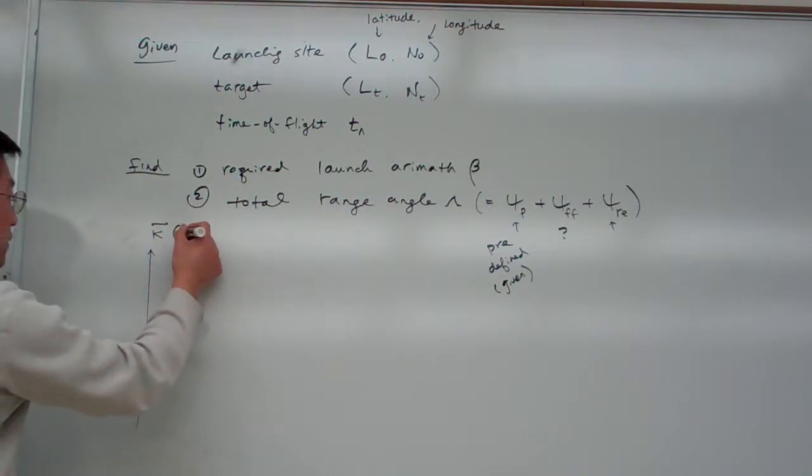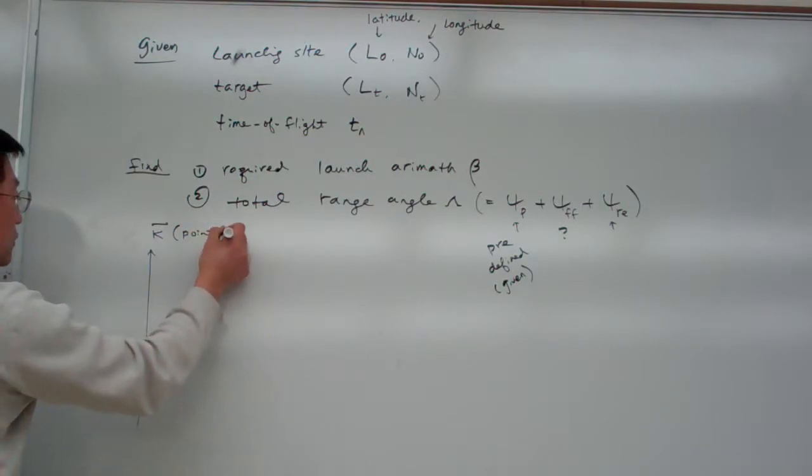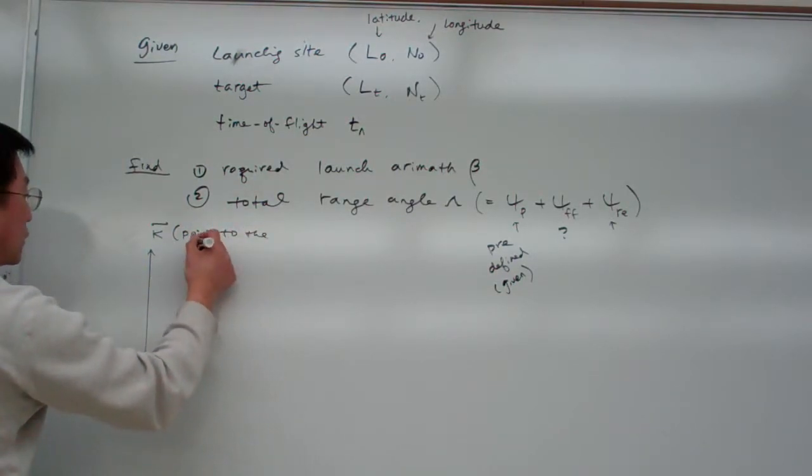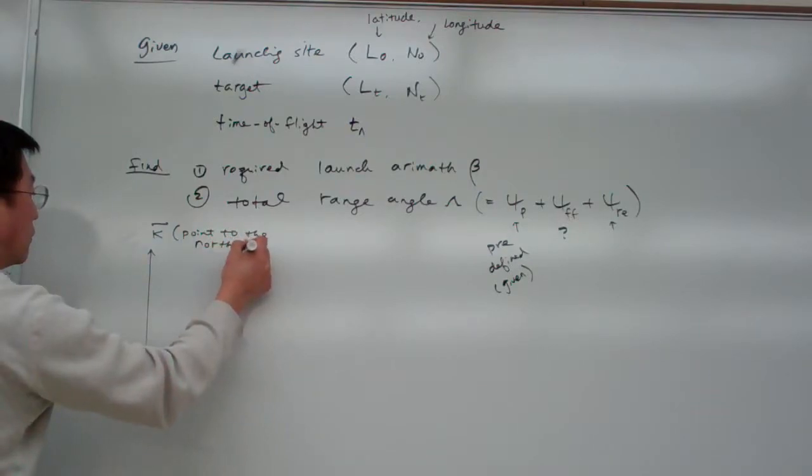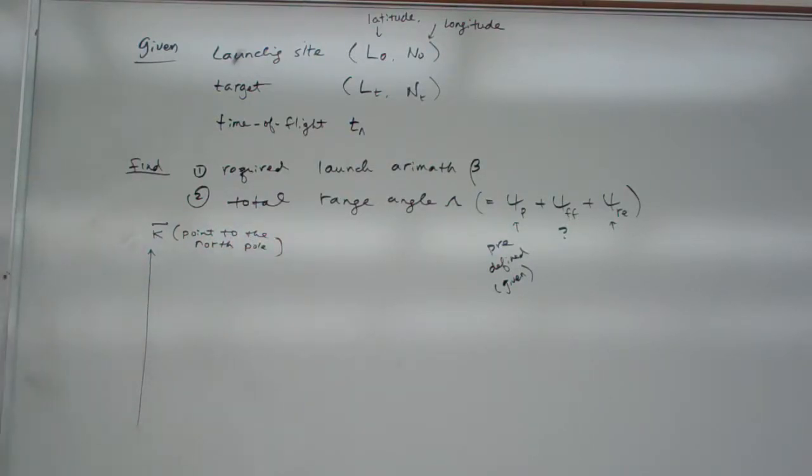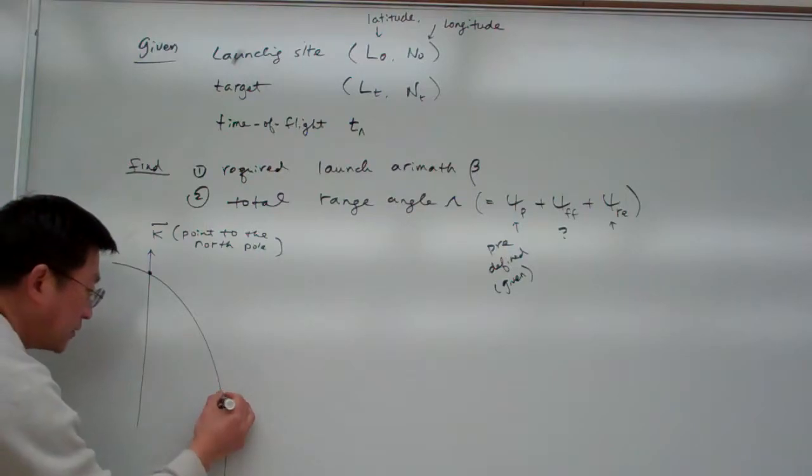Basically, this is pointing to the North Pole. If this is the North Pole, and I make one, this is the meridian, which means the longitude of the launching site here.